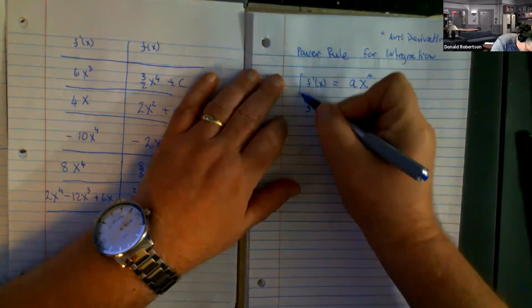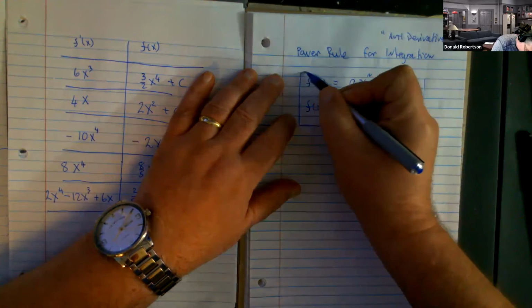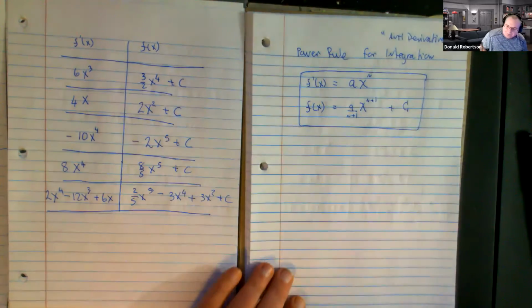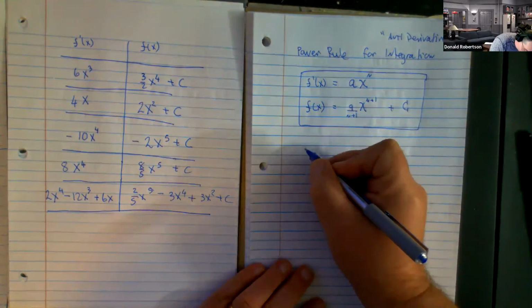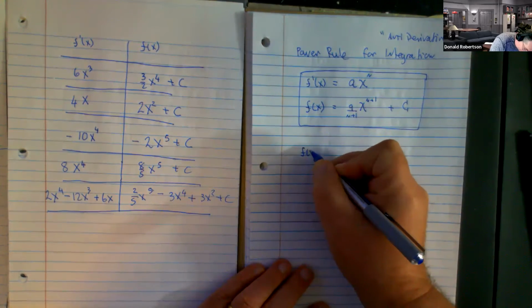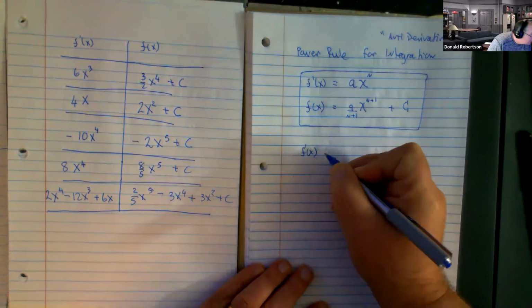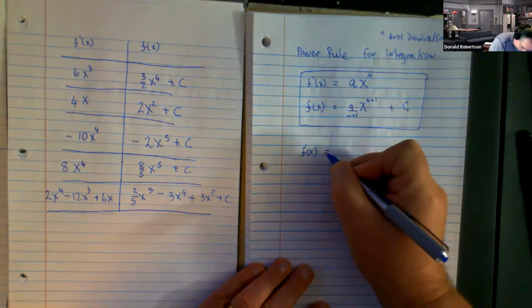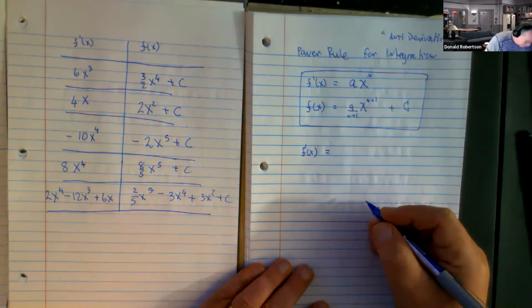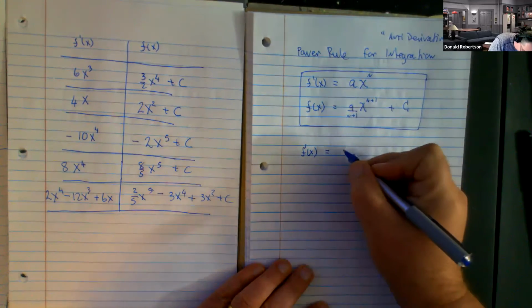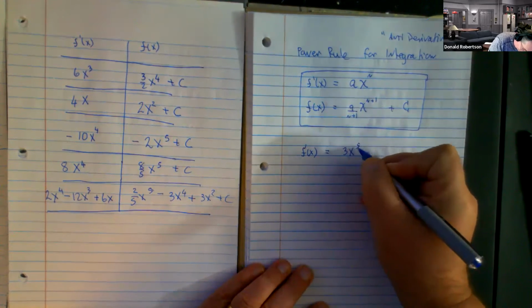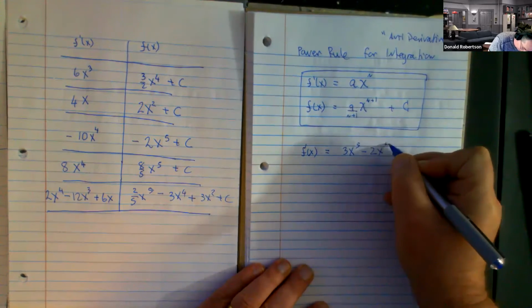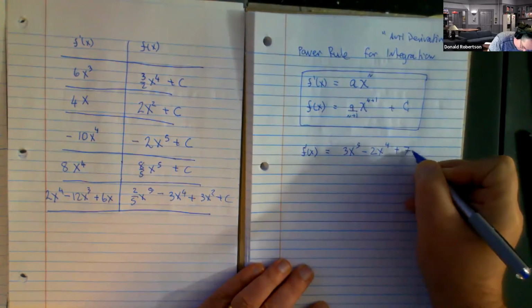And that is called the power rule. So let's use the power rule. Suppose I tell you that the derivative is equal to 3x to the 5, take away 2x to the 4, plus 7x.